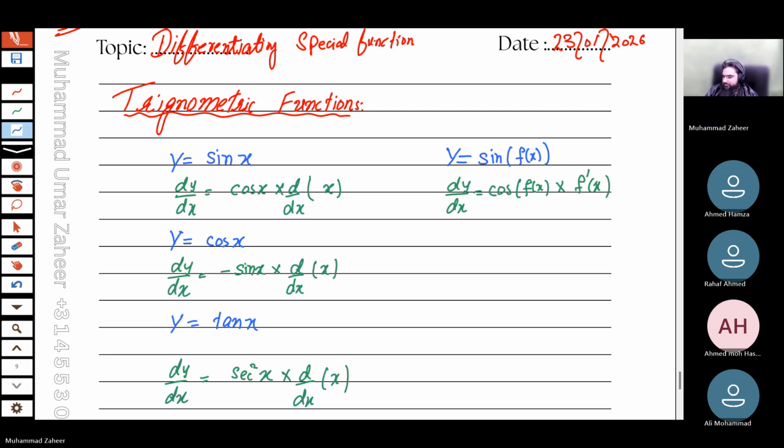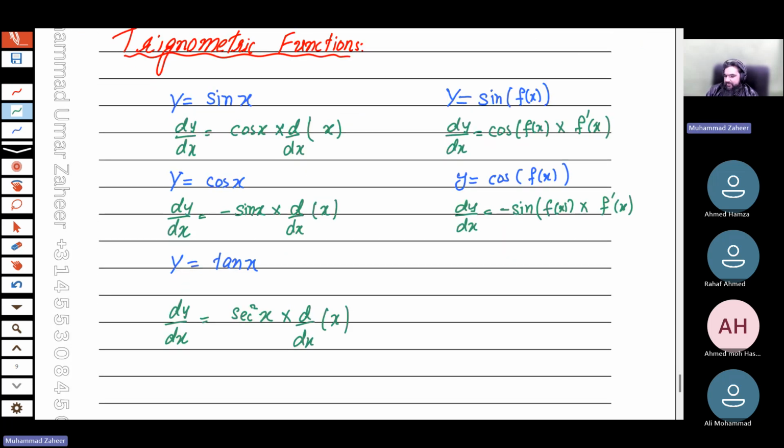Now, y is equal to cos f of x. The derivative of cos is minus sine f of x, multiplied by the derivative of f of x.